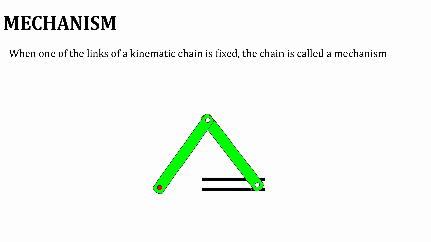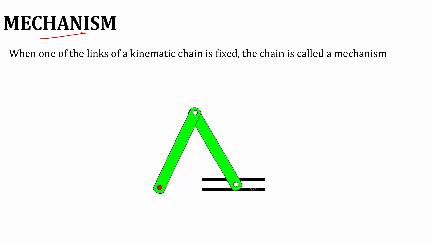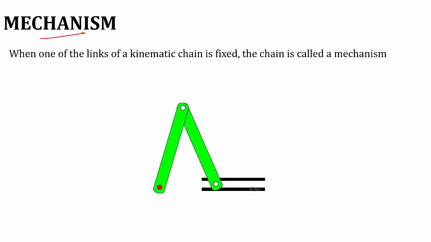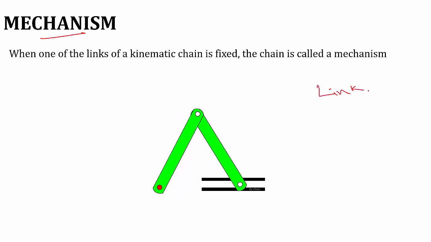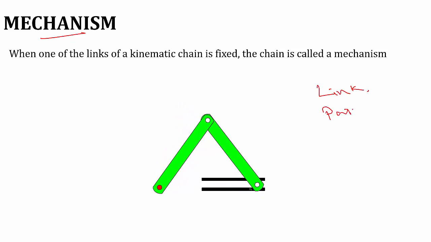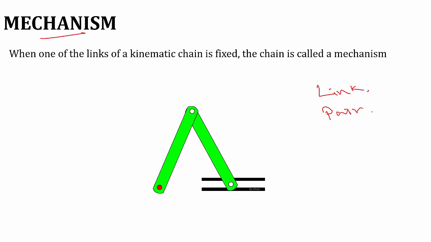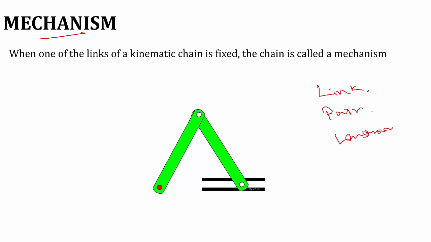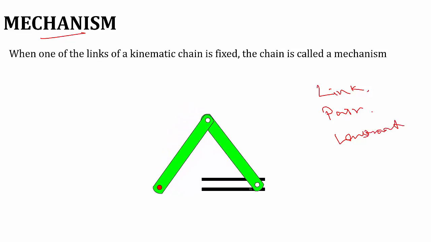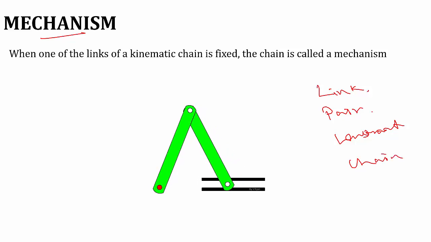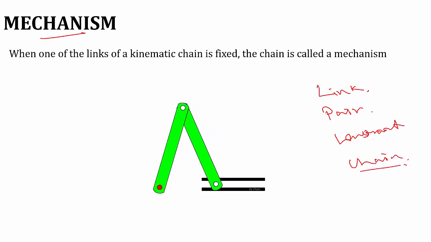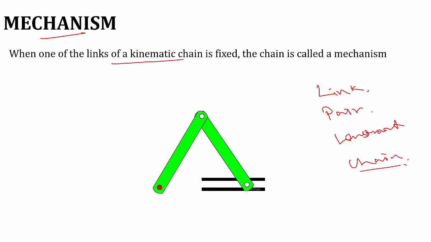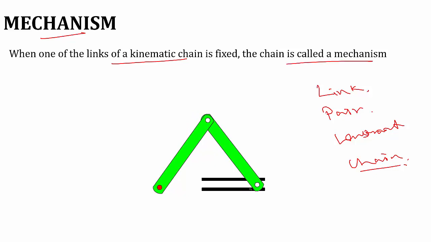Okay, then what is a mechanism? So we have seen what is a link, then what is a pair, then what are the classifications of pair, then what are the types of constrained motions, finally the chain. Now it is mechanism. So when one of the links of the kinematic chain is fixed, then the chain is called a mechanism.